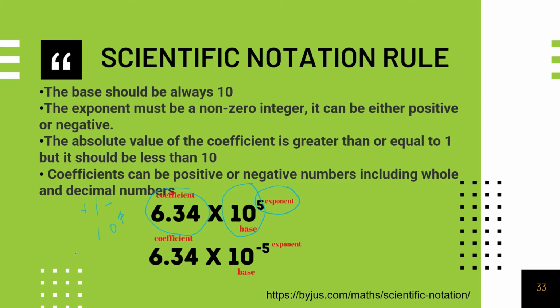Hindi na siya pwedeng maging 0.1 pababa ang value niya. Okay? Lahat lagi 1.0 pataas. Then this is 10, which is the base. This is fixed na 10. And the exponent, it can be positive or negative. So always remember the rules of the scientific notation.